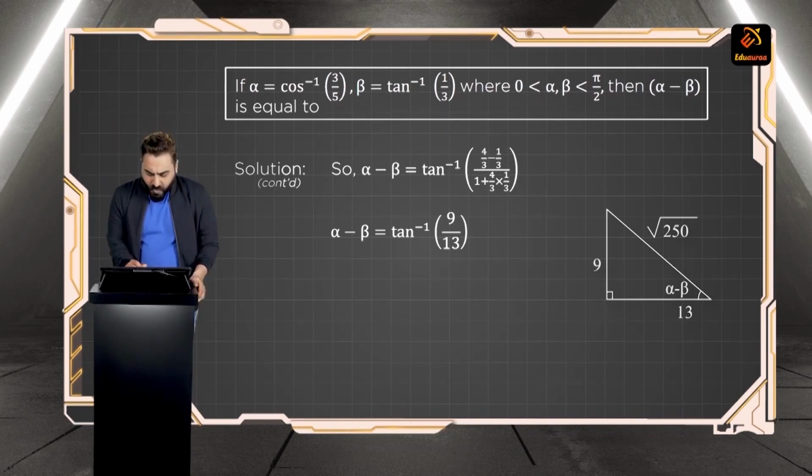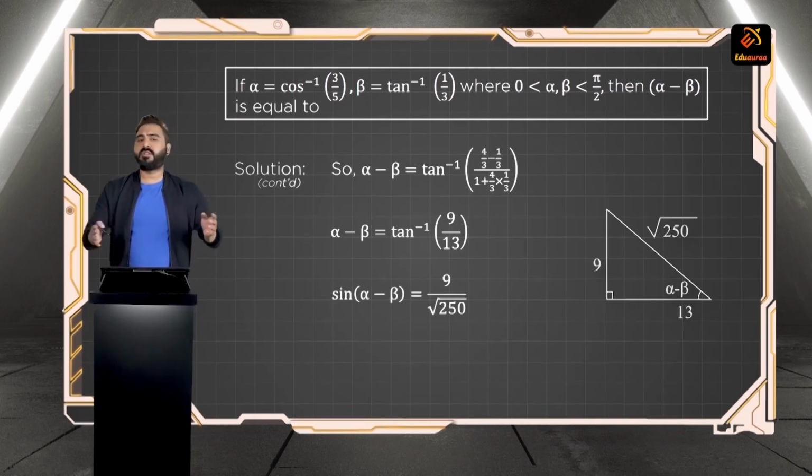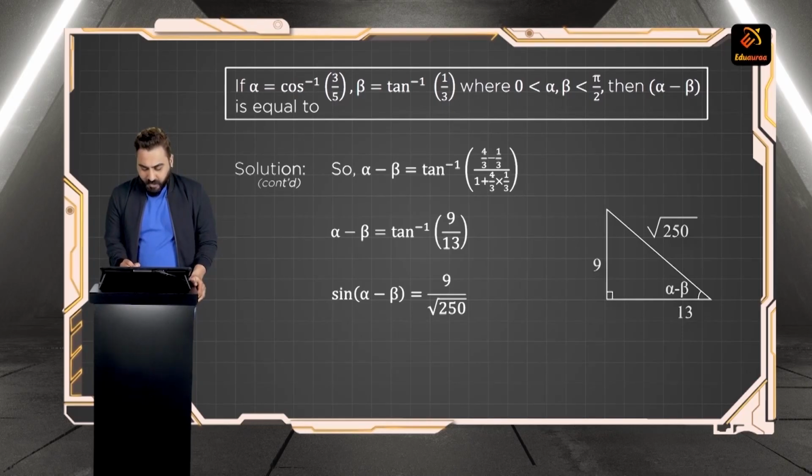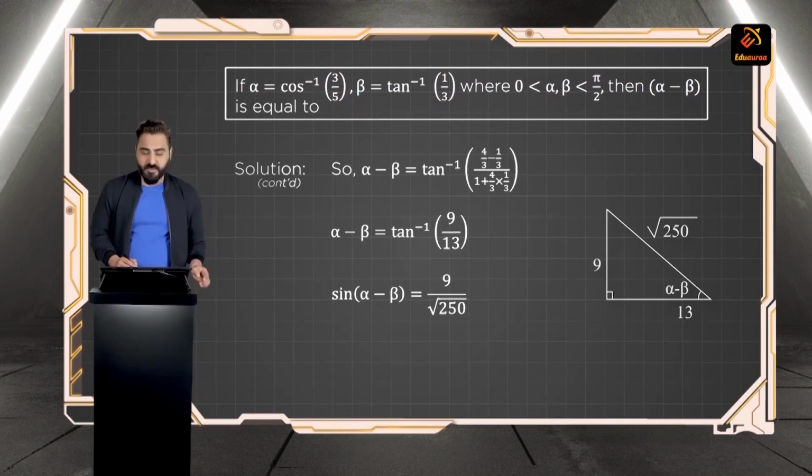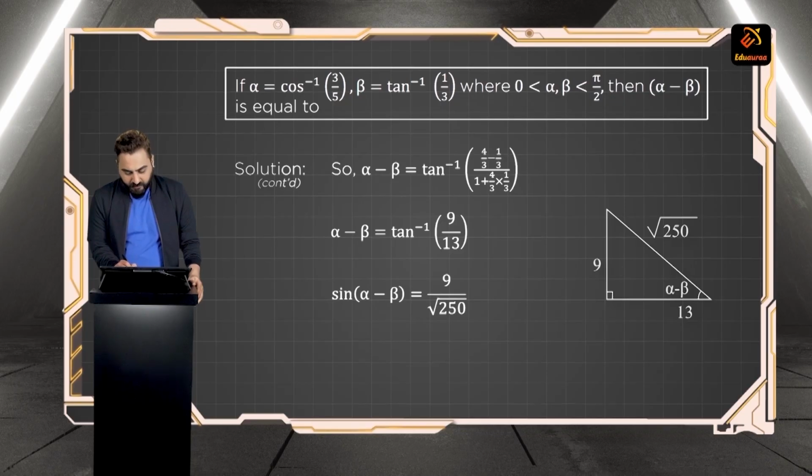So what is sine of (alpha minus beta)? So students, what is sine theta? Opposite upon hypotenuse, that is 9 upon root 250. So what will be alpha minus beta? It will be sine inverse of 9 upon root of 250.